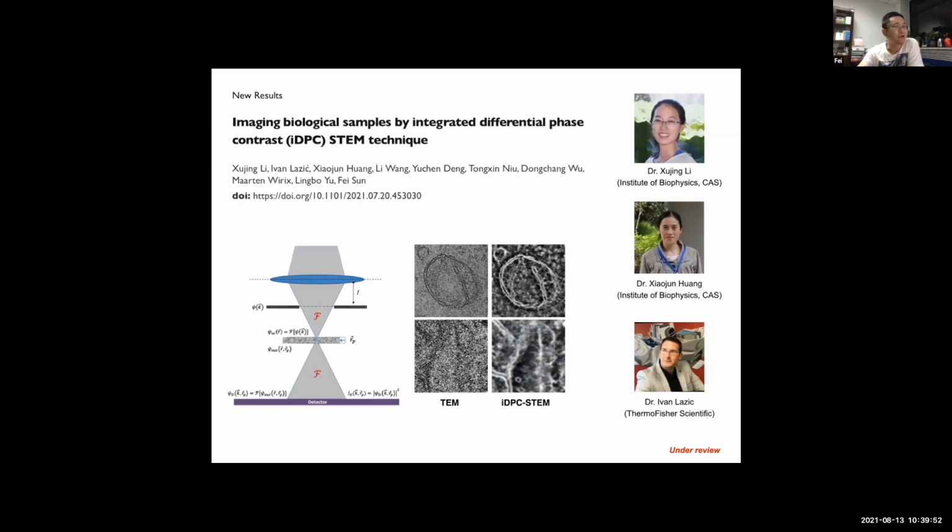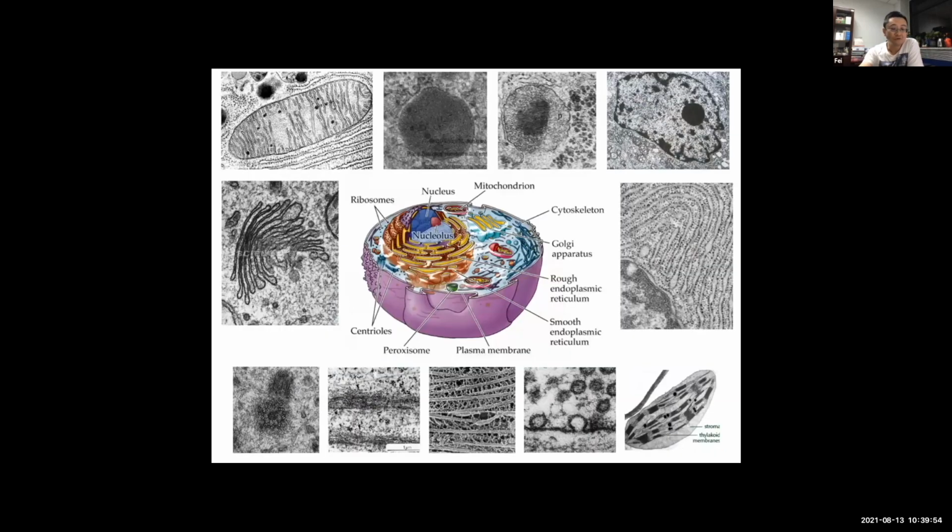Okay, so as we know, traditional transmission electron microscopy has been proved quite successful to study the ultrastructure of cell samples. We can see many cell organelles by transmission electron microscopy.